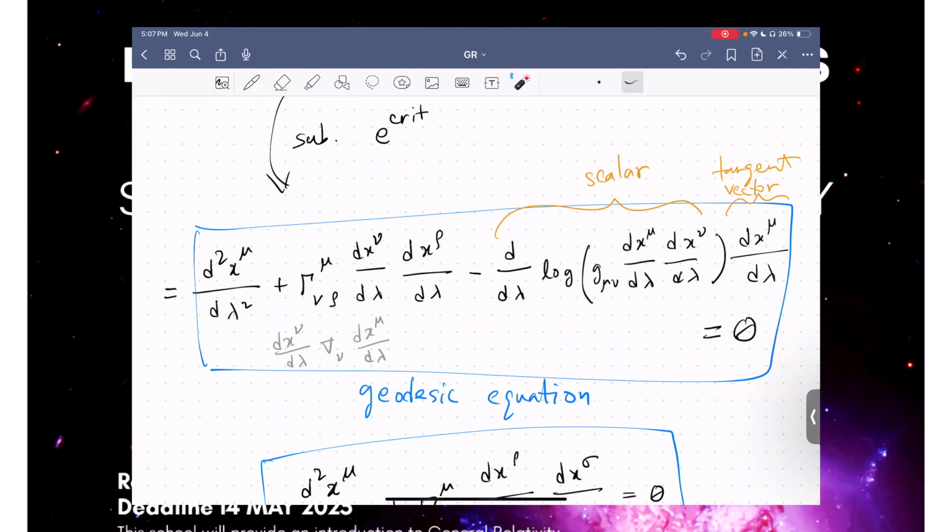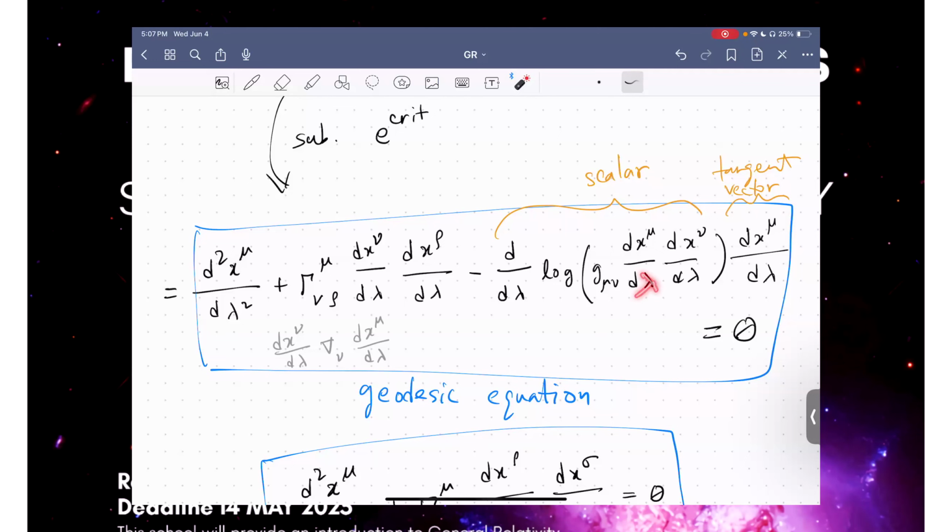What was the original question? Is an auxiliary function dependent on the parameter in your system? We use it to get rid of... oh yeah, that's right. If you choose lambda such that lambda is the distance along the curve, then the derivative of the log thing will vanish. Exactly.